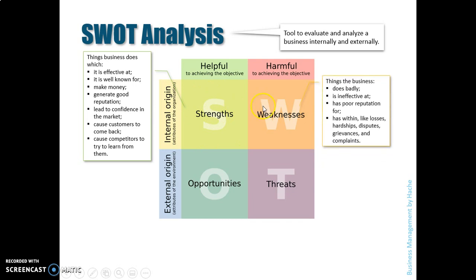On the other quadrant, the weaknesses are things the business does badly or poorly, things the business is ineffective at, or things for which the business has a poor reputation.